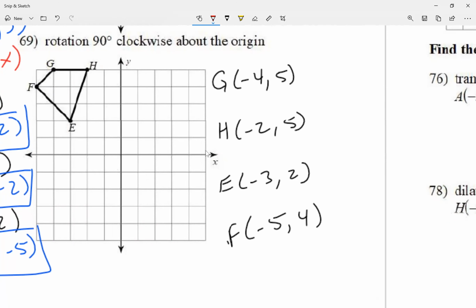I'm looking at question 51, 90 clockwise, that is 90 CW. That one says (x, y) will become (y, -x).